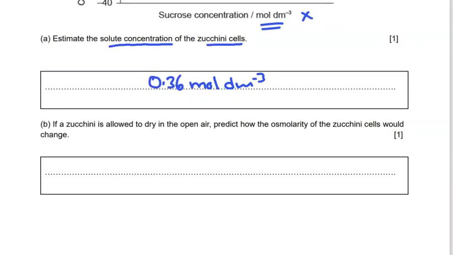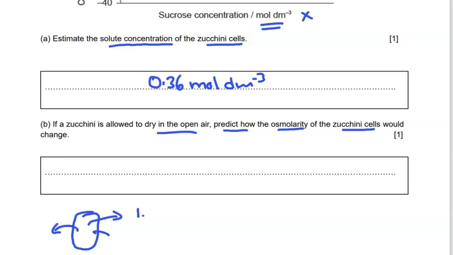If the zucchini is allowed to dry in open air, predict how the osmolarity of the zucchini cells would change. All right, so let's think of it like this. Whether we think of the cylinder or whether we think of a zucchini cell, if we're in dry air, there will be a water loss from that.